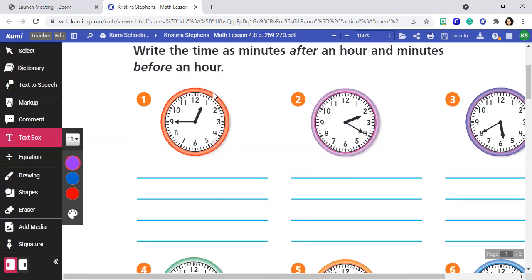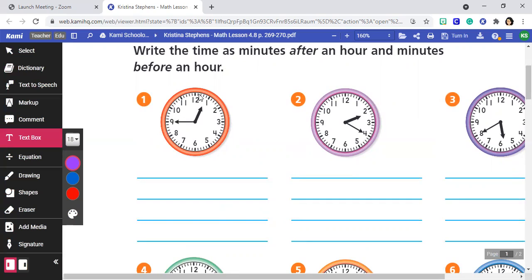So 5, 10, 15, 20, 25, 30, 35, 40, 45. So it's not 1 o'clock yet, so it's still 12 o'clock, and it's 45 minutes after 12 o'clock.